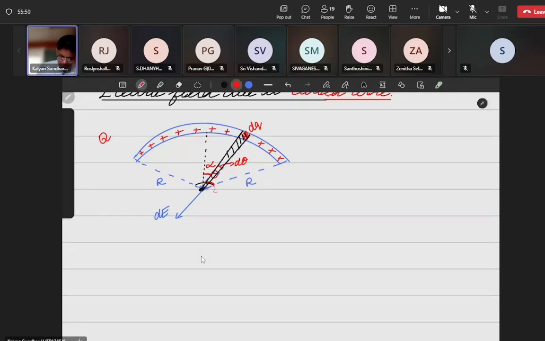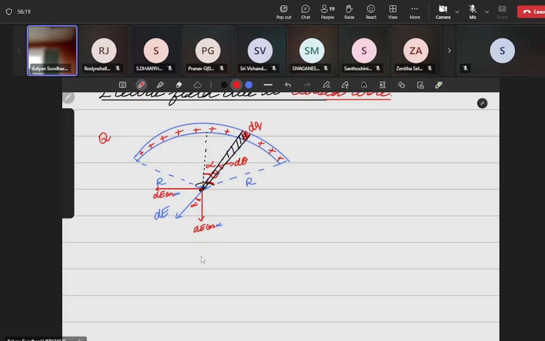Now, if I resolve this component, it will be like this. So this is alpha, this will be alpha, and this will be dE cos theta, and this is dE sin theta. Oh, sorry. Alpha, alpha.